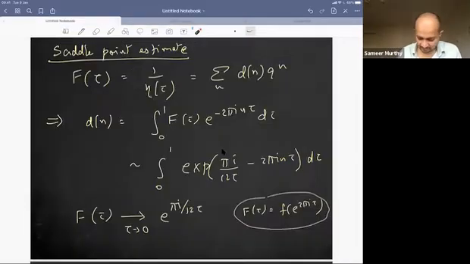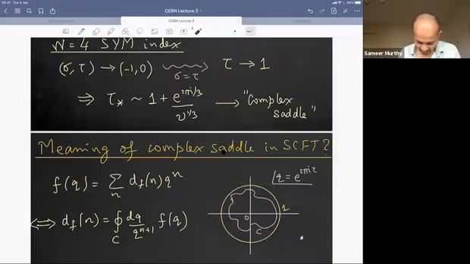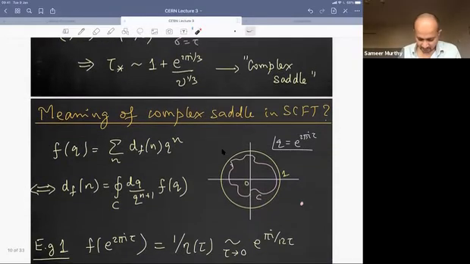This was the singularity that we all know very well because of modular transformation. Then you say the whole integral is dominated from this region, and there you can use some Gaussian approximation and make it an infinite integral, and that gives you some Bessel function to leading order.